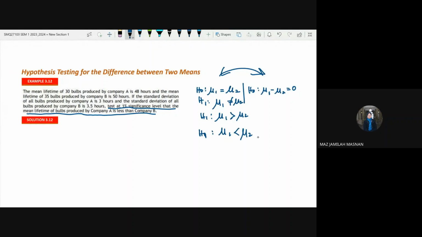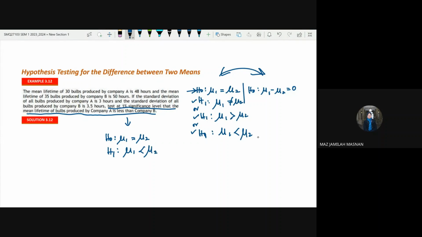It's all the same. If the null statement is this one, the alternative can be any of these three. So in this case, we write the null as mu1 equal to mu2, and the alternative as mu1 less than mu2.